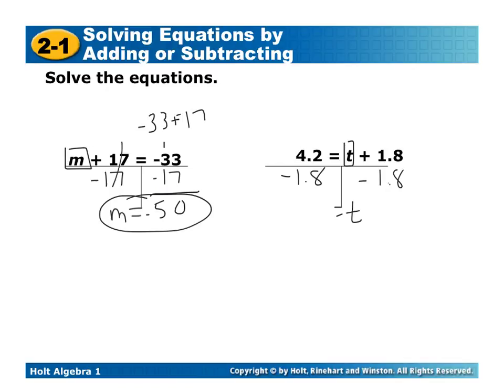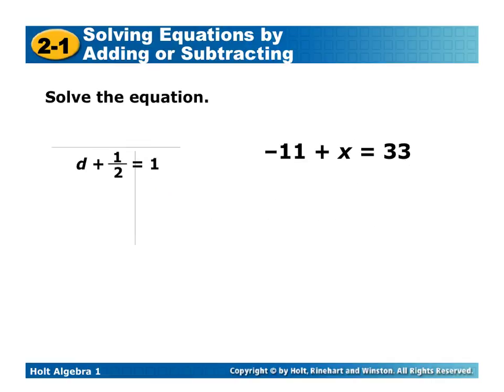So if we have 4 and 2/10 minus 1 and 8/10, we get 2 and 4/10. And like I said before, you can always check your answers to make sure that they are working correctly. So let's look at another couple of examples. You can try these on your own if you want.